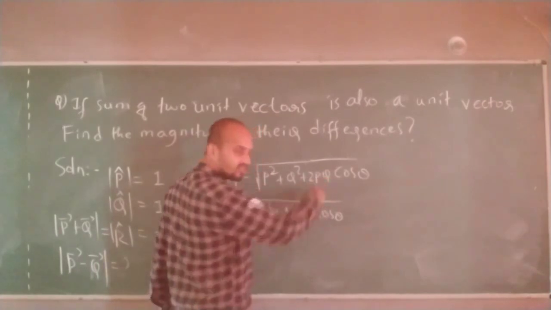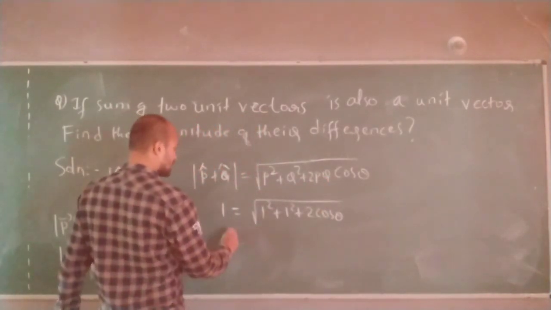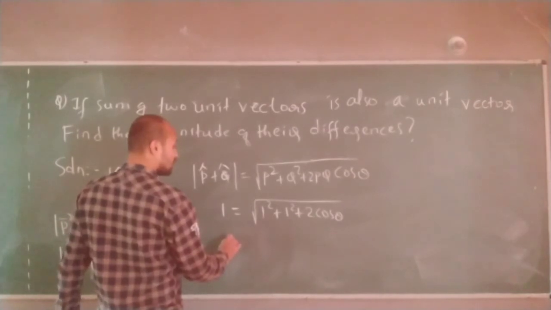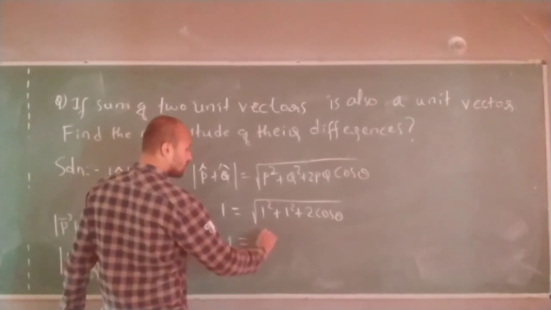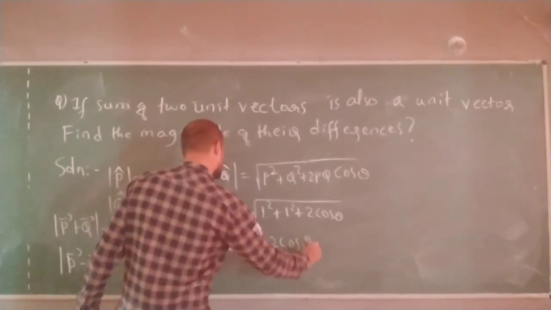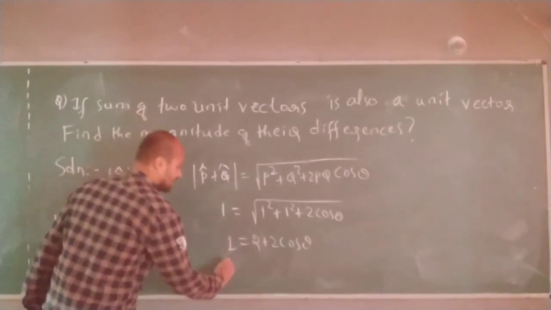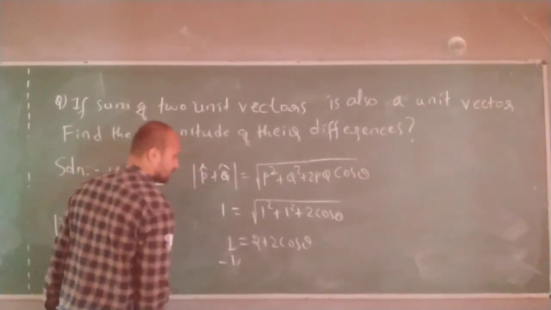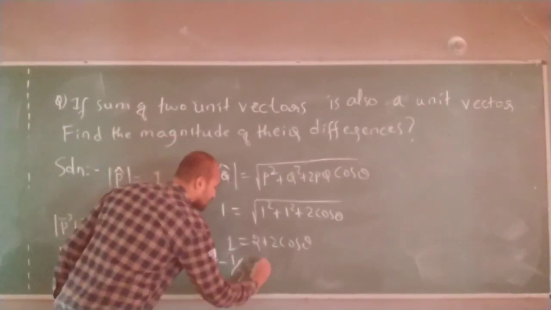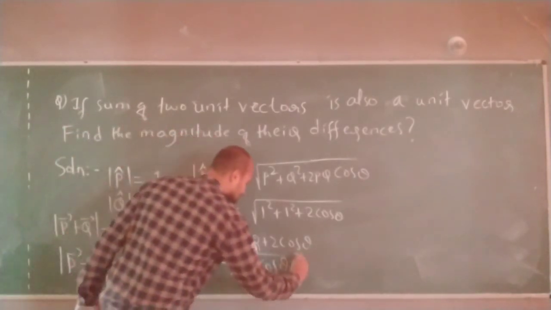This is also 1, this is also 1. So you will get 1 is equal to 2 plus 2 cos theta. Correct now? Shift this 2 this side and you get minus 1. Minus 1 by 2 is equal to cos theta. This is the value of cos theta.